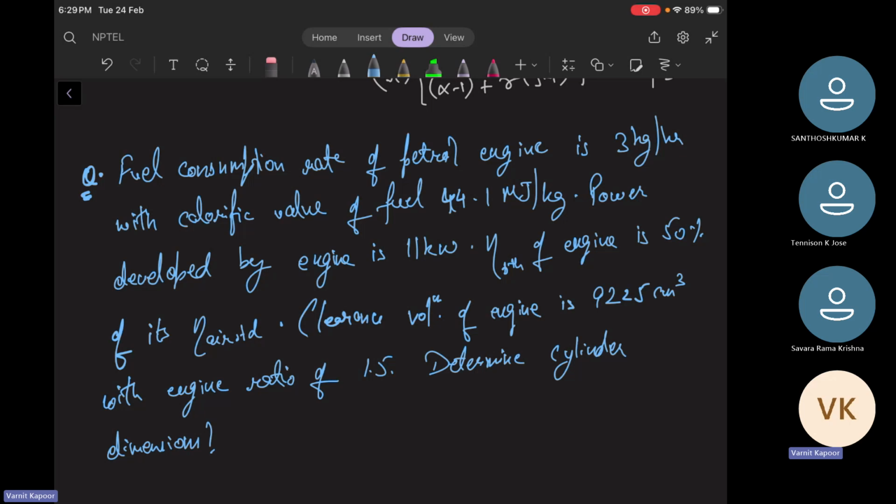D. Okay. I think this should be L. 61.9 centimeter, not mm, because you are given the volume in terms of centimeter cube.